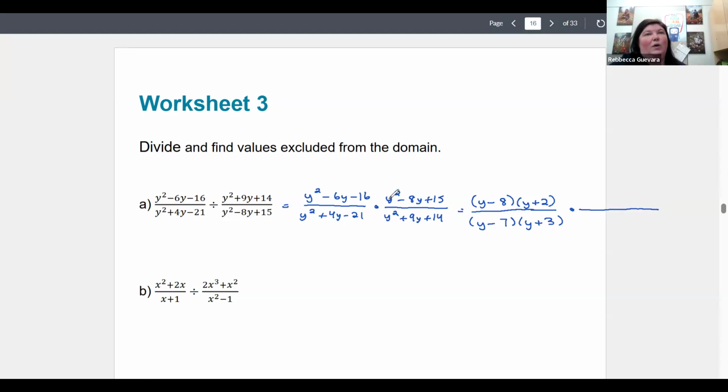Then here, y squared minus 8y plus 15. Two numbers that multiply to give me 15 but add to give me -8. That would be -5 and -3, so y minus 5 and y minus 3.